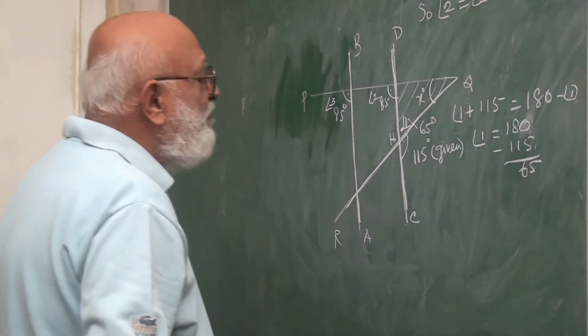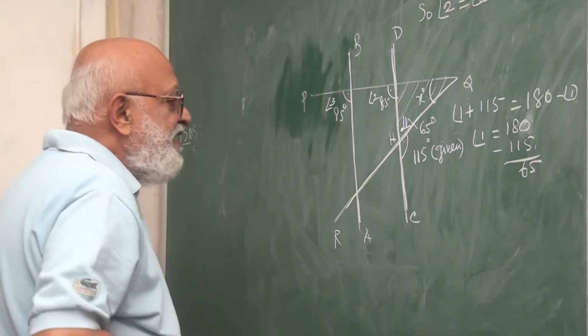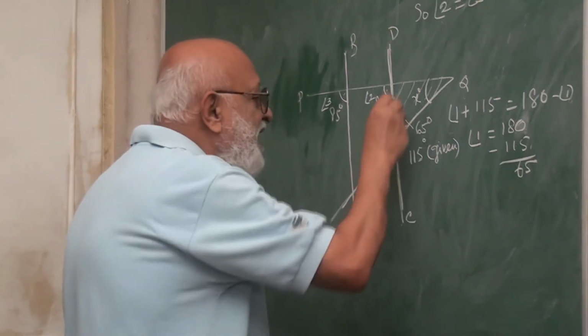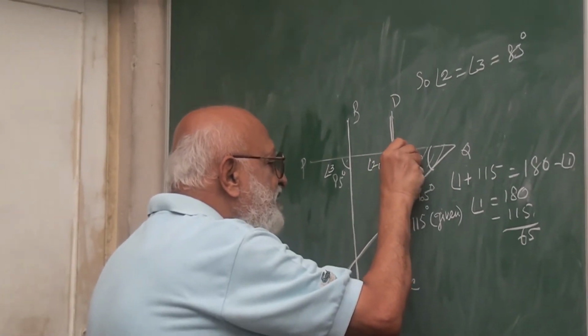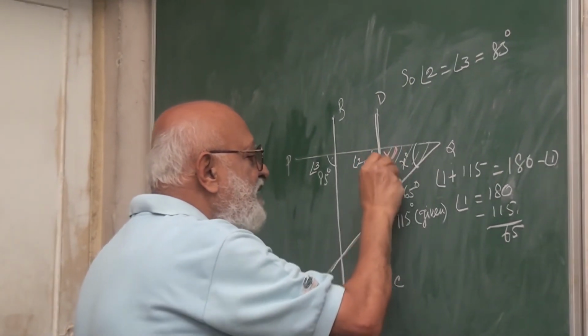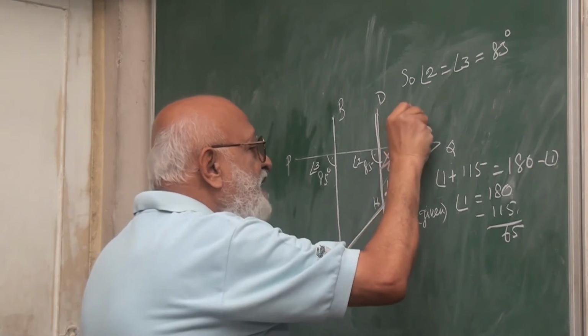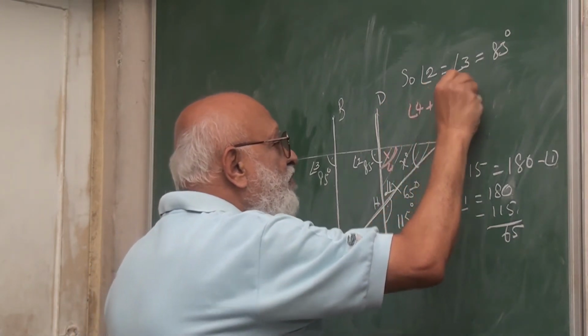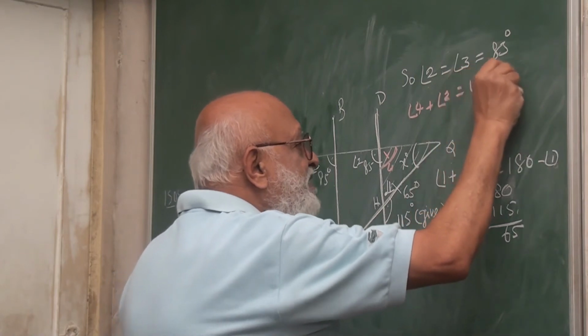So if angle number 2 is 85 degrees, then I will mark this angle as angle number 4. Angle number 4 plus angle number 2 will be equal to 180. Why?